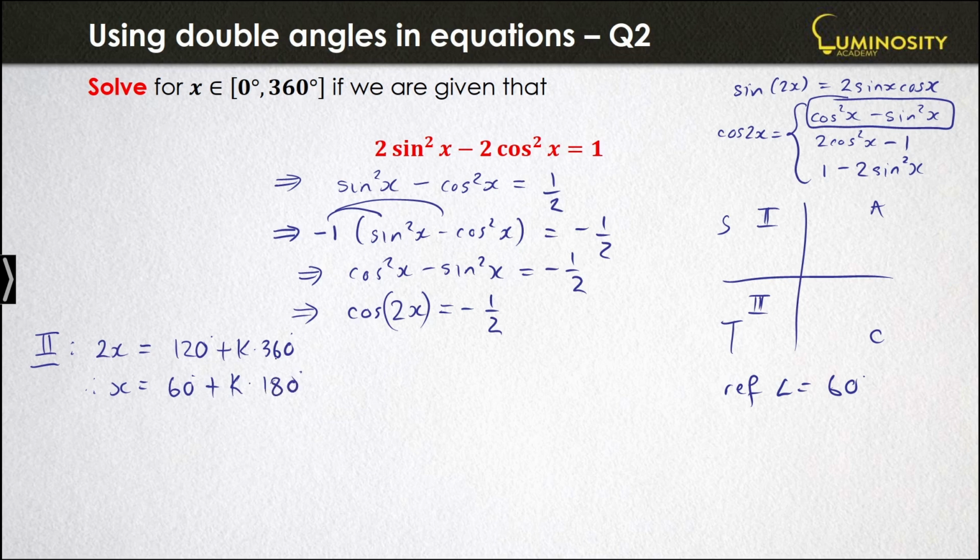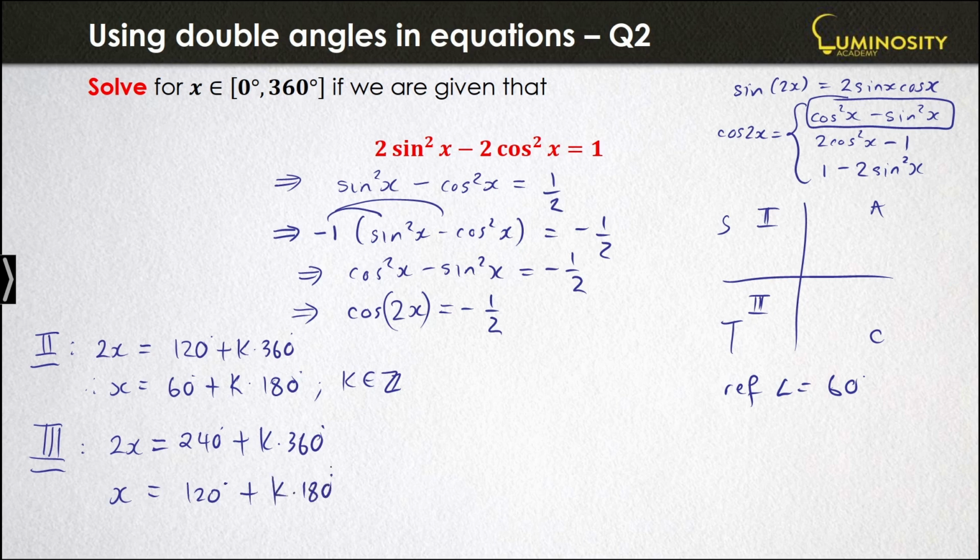So the period has changed here by a factor of 2, so it's now 180 degrees. And then quadrant 3, the angle 2x must be 180 degrees plus the reference angle, so 240 degrees, plus k times 360 degrees. And if I divide both sides by 2, I get 120 degrees plus k times 180 degrees, where k is an integer.